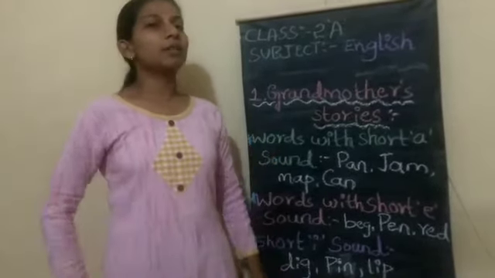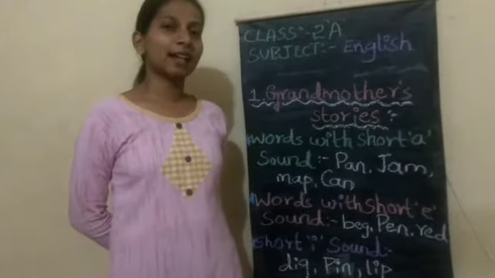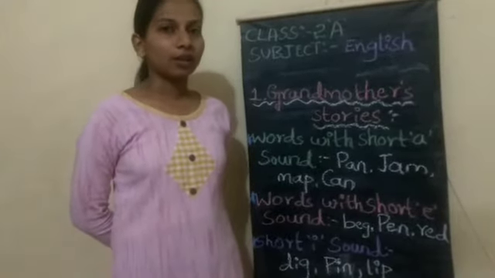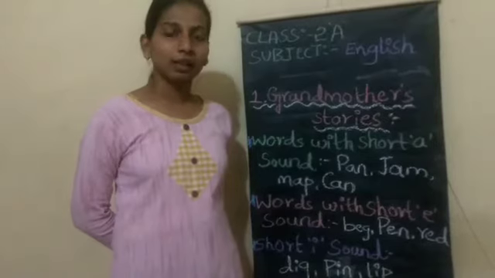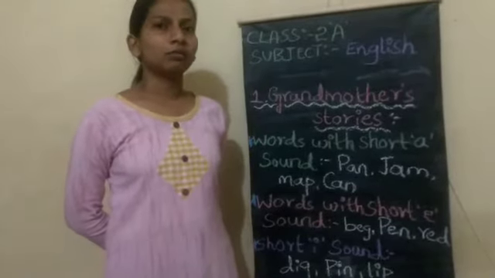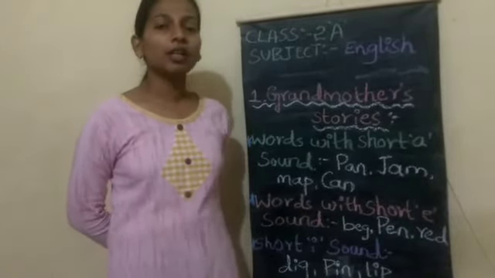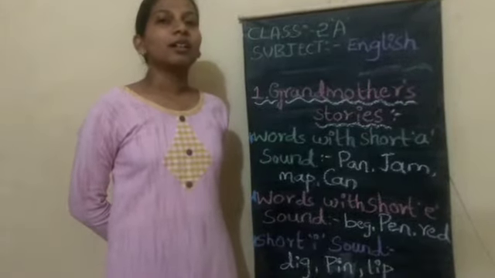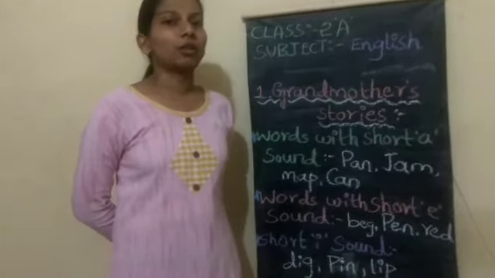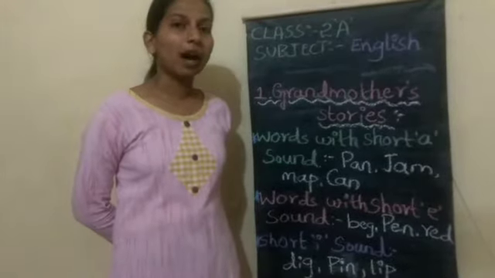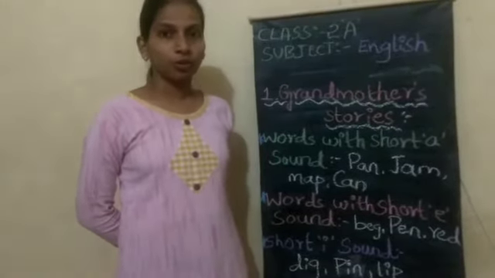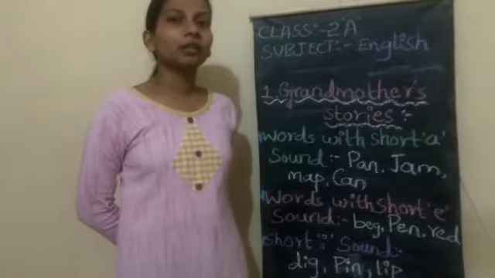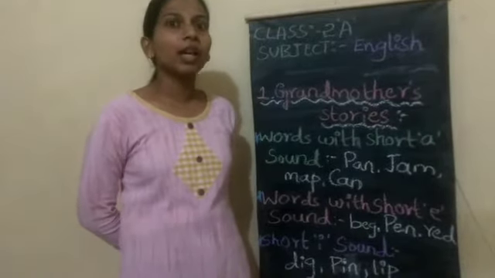So here comes Lalita. Lalita is a granddaughter for her grandmother. And she was waiting. For what was she waiting? She was waiting for her grandma to show the pictures from her childhood. So, she was eagerly waiting.